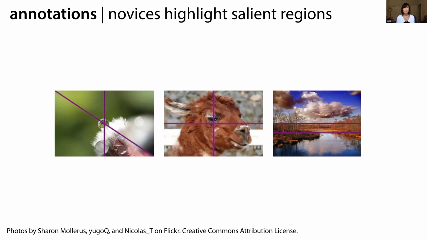Notice that workers are selecting lines that intersect with salient regions or regions of strong visual attention. So in the left image, lines intersect with the water droplet, in the middle with the animal's eye, and on the right, along the boundaries of the landscape. We also actually got feedback from the workers expressing that they found the task to be fun.